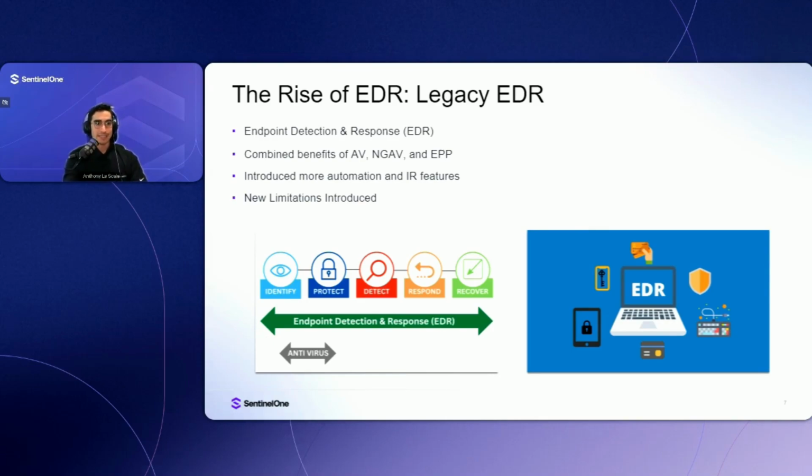EDR tools enhance signature-based AV with behavioral monitoring, observing system processes and actions for patterns aligning with advanced attacks like ransomware. They provide more advanced, sometimes automated response actions and enable more effective investigation and response to security incidents through a centralized portal and investigative tools. This is achieved by pulling log and telemetry data from the endpoint into its centralized platform for analysis, offering deeper visibility and advanced response capabilities through automation.